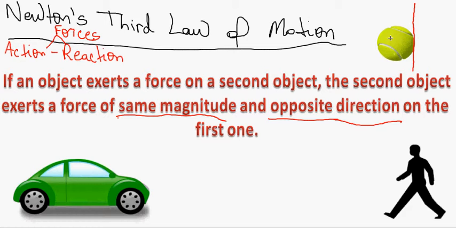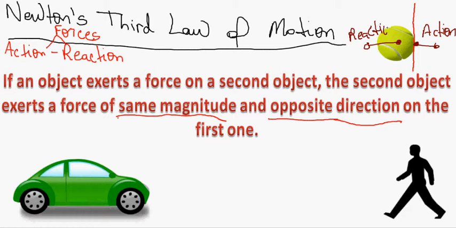So the ball exerts a force on the wall, and the wall exerts a force on the ball. The ball comes, hits the wall and comes back. And this is the action. You can call this the action and this the reaction.